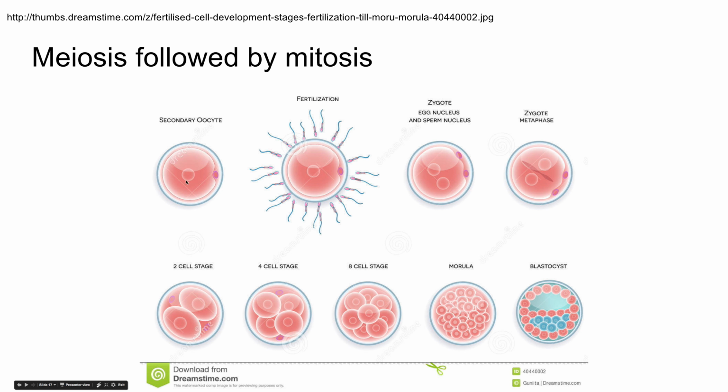Meiosis happens once for females, once for males. Actually, it happens a whole bunch, but we need one event where we fuse the female gamete and the male gamete. Those two fuse, then it's mitosis all the way until gamete forming cell time again.